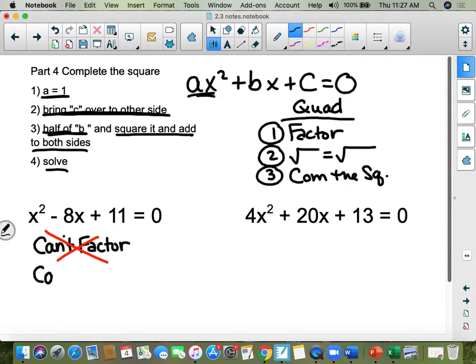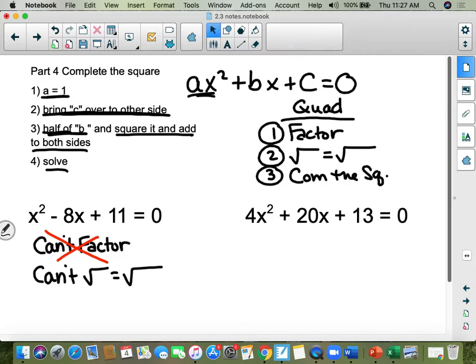You can't do this one by square rooting both sides of your problem, because you would have to eliminate the square, and you can't eliminate the square. So you can't do it by the second method. So they invented the third method called completing the square. So we're going to do the third method, and we're going to go through the steps.